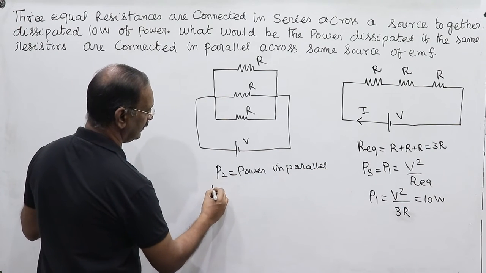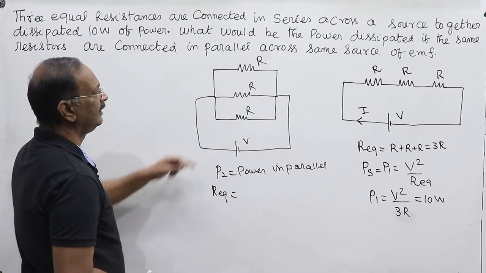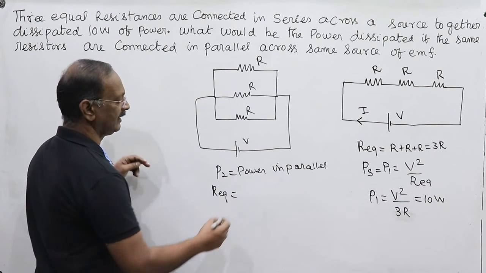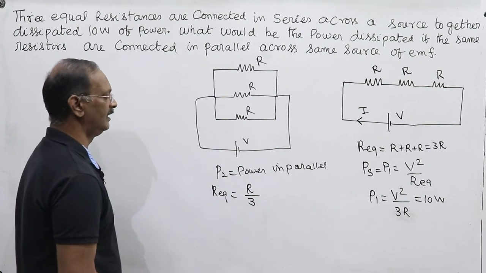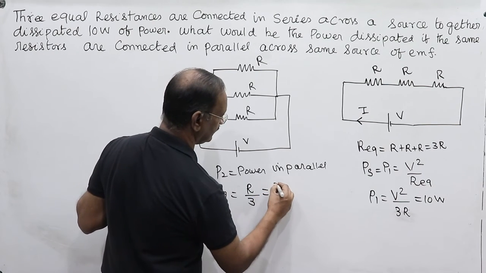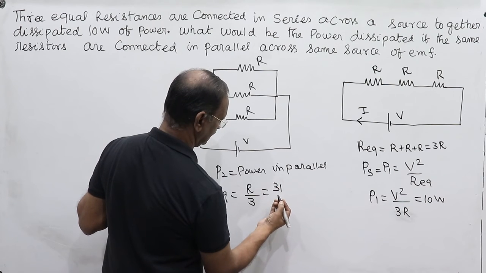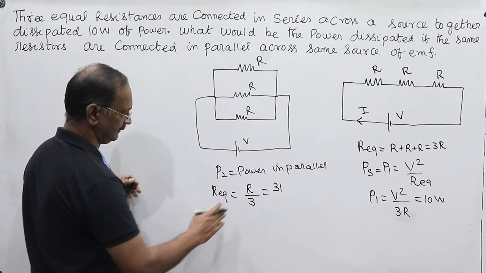Since all are equal resistors, R equivalent is any one resistor divided by the number of resistors, so R equivalent is equal to R divided by 3.